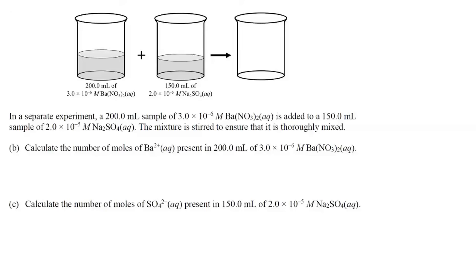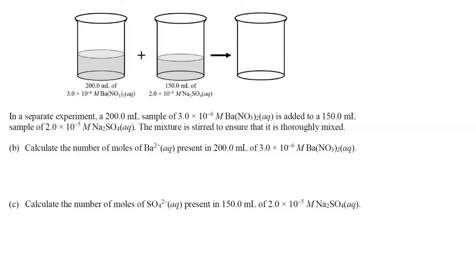That's the beaker in the middle. So those 2 solutions are combined. The mixture is stirred to ensure that it's thoroughly mixed. Now, is a precipitate going to form? We don't know yet. We're going to be doing some calculations to get closer to that Q versus K comparison, but we don't know for sure if a precipitate will be formed.